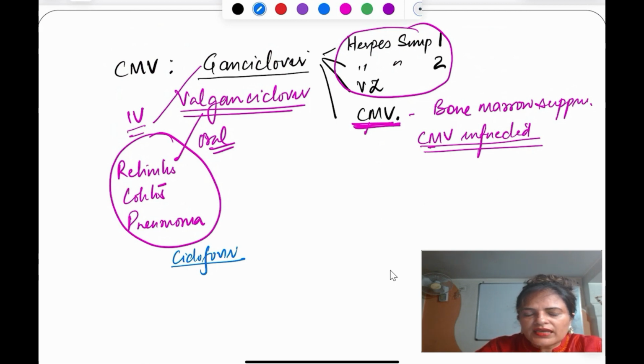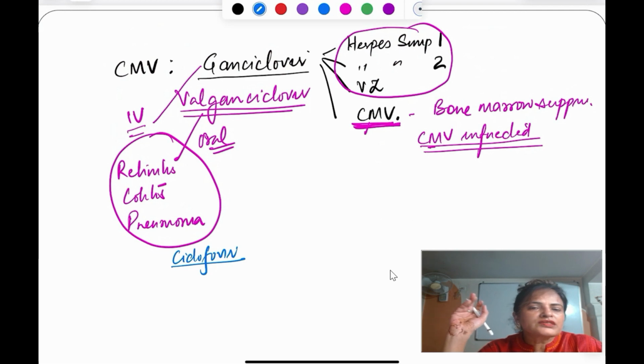It is a cytidine analog. It is available as a monophosphate, so it does not require a viral specific kinase for its activation. It only requires host kinases, because one phosphate is already attached. So to convert cidofovir monophosphate to triphosphate, it just requires the host kinases.